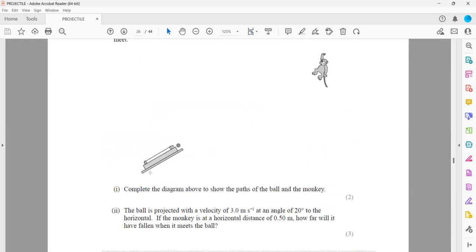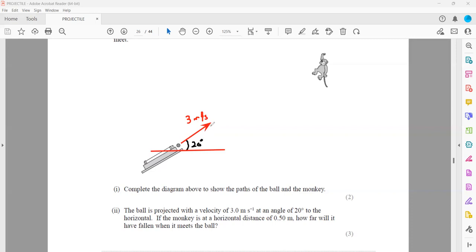So when we launch this ball, it is launched at an angle of 20 degrees to the horizontal. I can take the axis here, that does not make a difference. The ball is launched at a speed of 3 meters per second with a launching angle of 20.